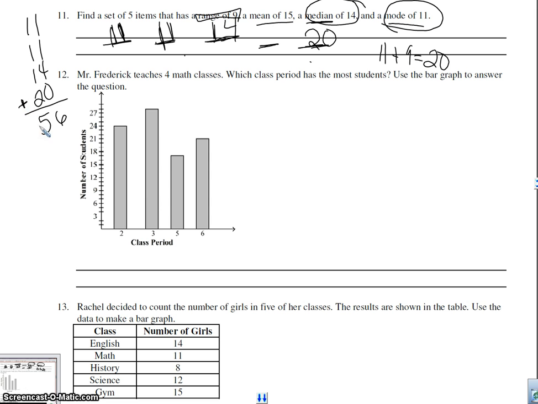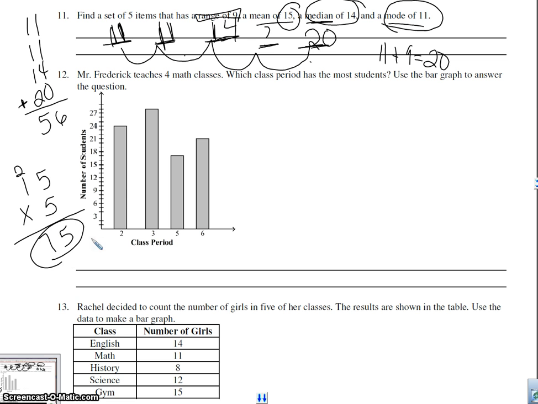Before we add them up, we actually need to know what is the sum of all 5 of these numbers. But I don't know what this one is. Well, since the mean is 15, if I take 15 times 5, I get 75. That's the sum of all 5 numbers. I already know the sum of the first 4 is 56.